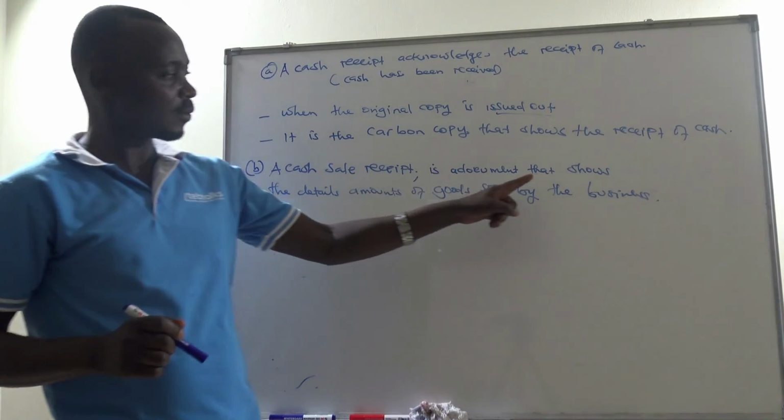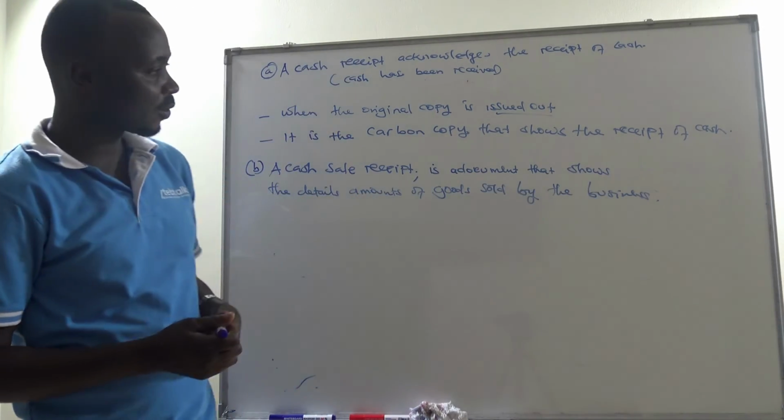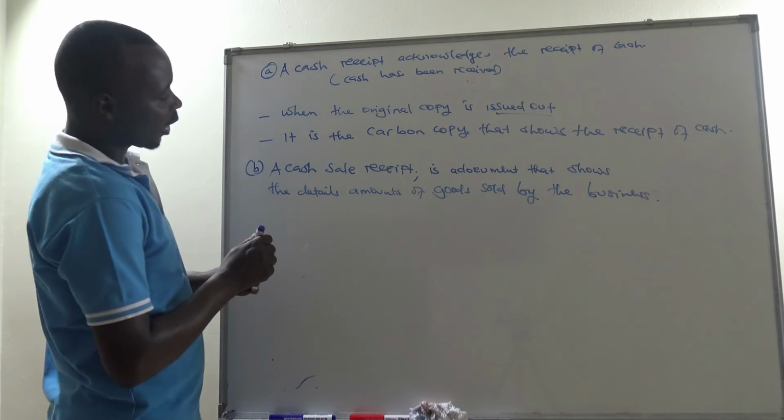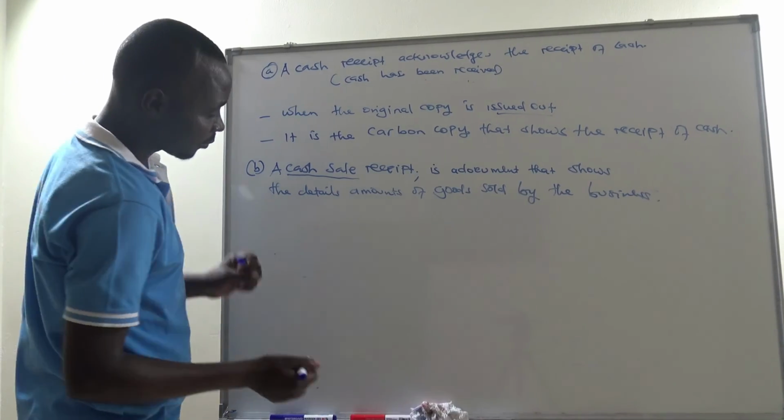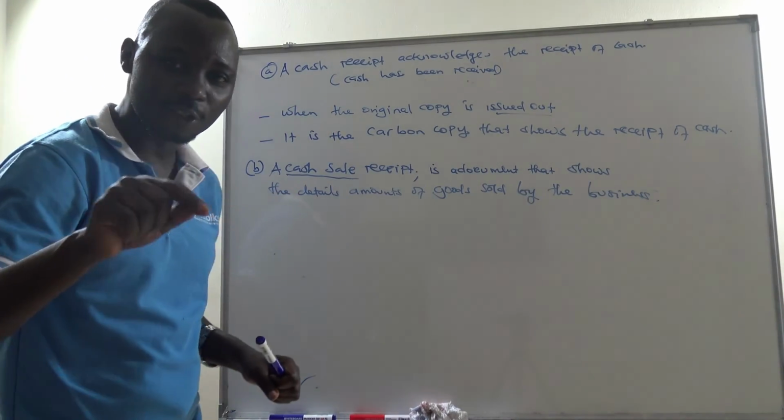It shows the details and amounts of goods sold. That's why we call it a cash sale receipt. But remember also, when you sell those items, you receive cash.